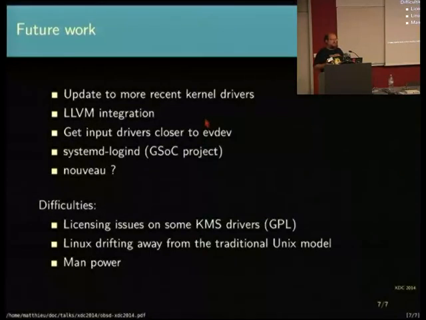Among the difficulties, we would like to import some of the other KMS drivers that exist in Linux, like Matrox or the one for AST cards, but unfortunately some of them have switched to a GPL-only license and not to the dual MIT/GPL license that is on the rest of the Linux graphics stack.